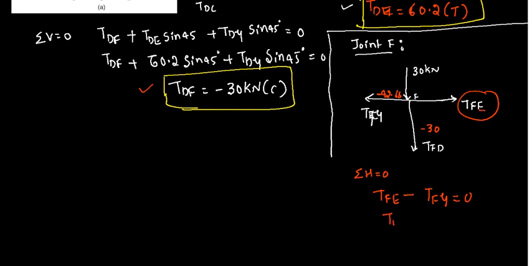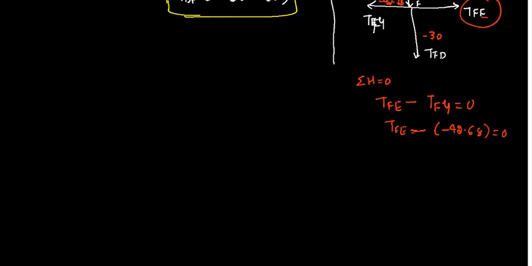So TFE is equal to minus of minus 42.68. Since it is positive, if you take it on the right hand side, this value will become negative. That is, TEF becomes minus 42.68, and since it is negative, that is in the compression.